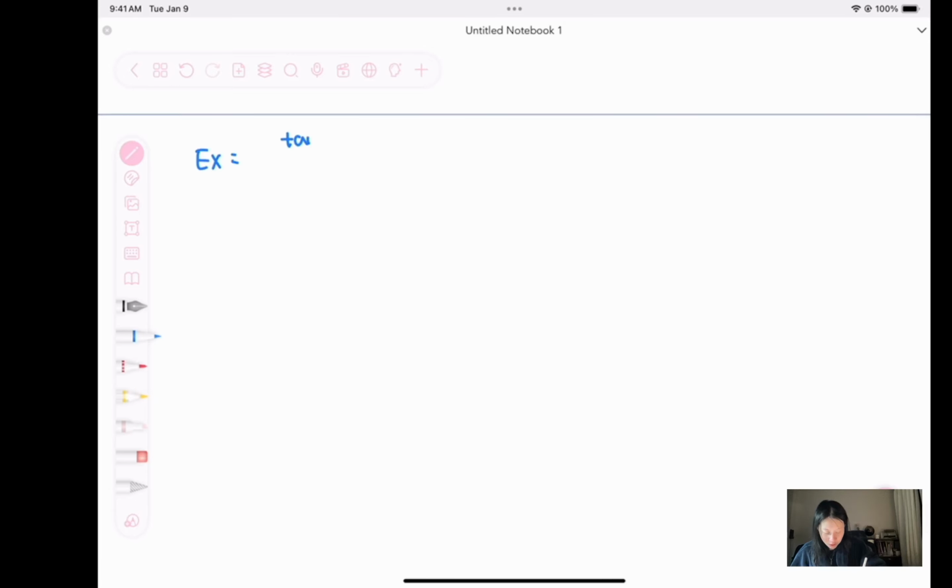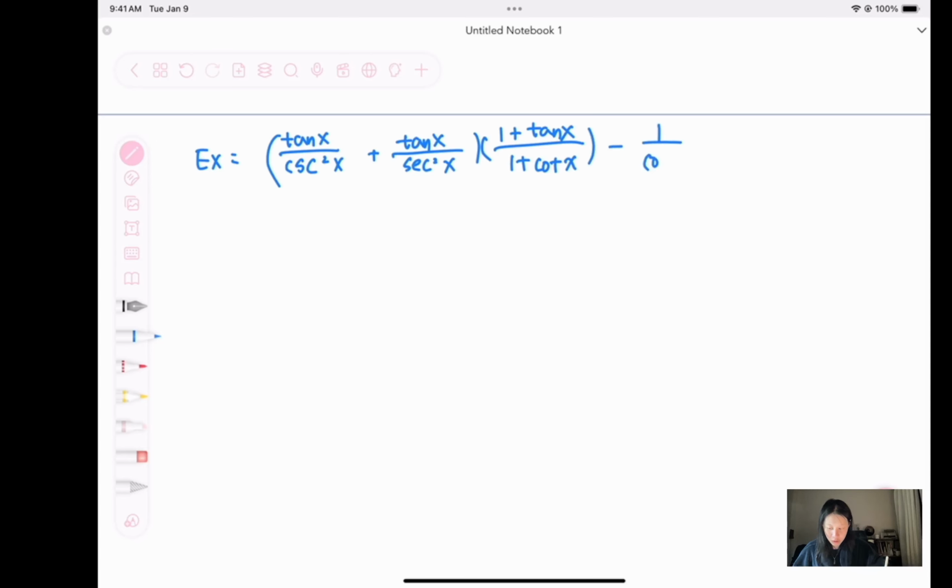So I have tangent x over cosecant square x plus tangent x over secant x squared, times 1 plus tangent x over 1 plus cotangent x, and then subtract 1 over cosine square.